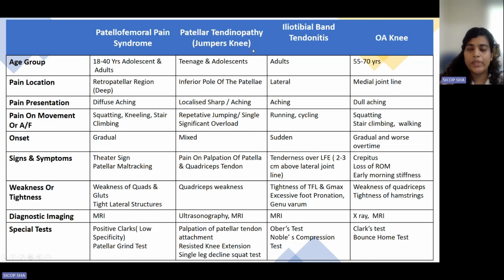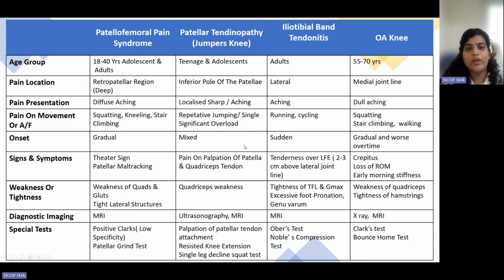So patellar tendinopathy, which is also called jumper's knee, is also seen in adolescents and teenagers. It is usually seen more in the inferior pole of the patella, as we have seen in the differential diagnosis according to the anatomical site, right?